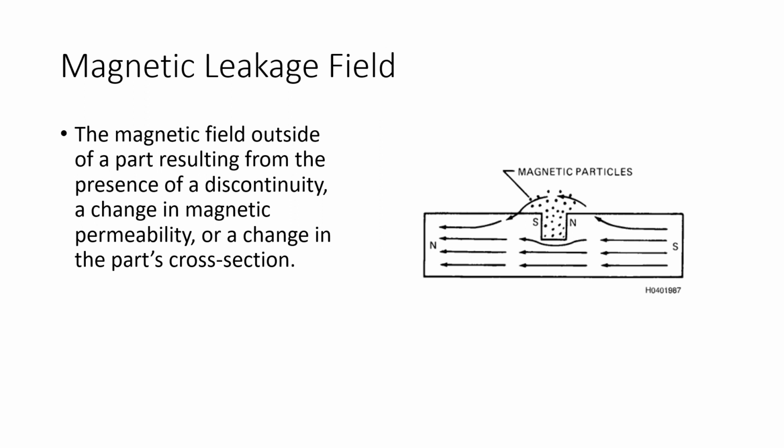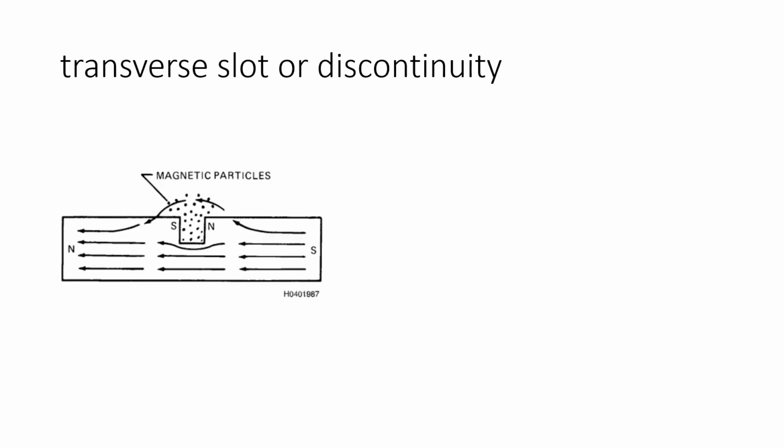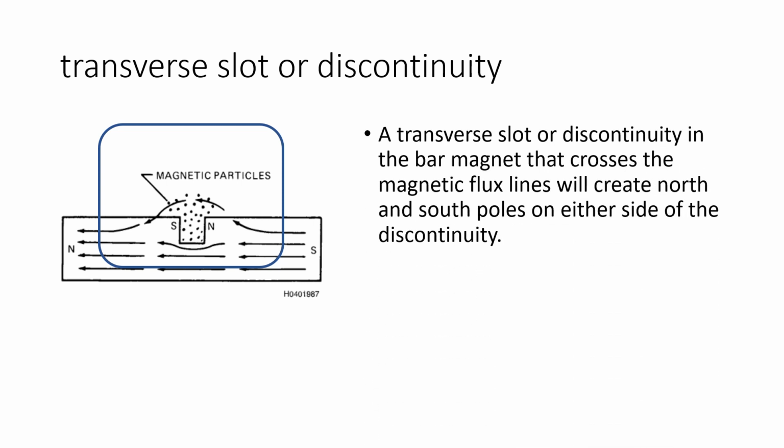And then when we put our iron powder on there, those particles are going to accumulate in that magnetic leakage field. So once again, transverse slot right there. You can see we've got a notch cut in there. That's where our particles are going to show up.